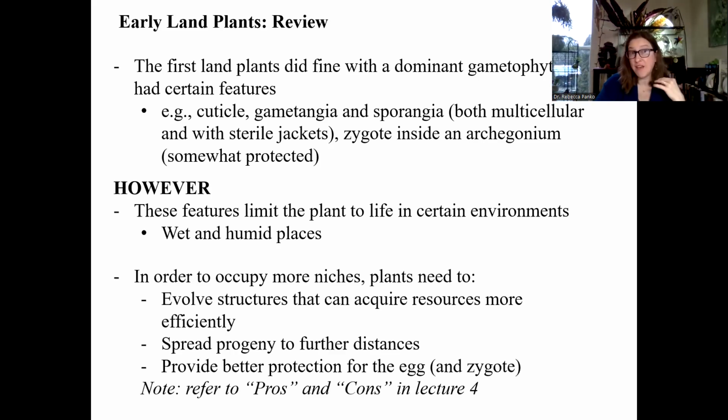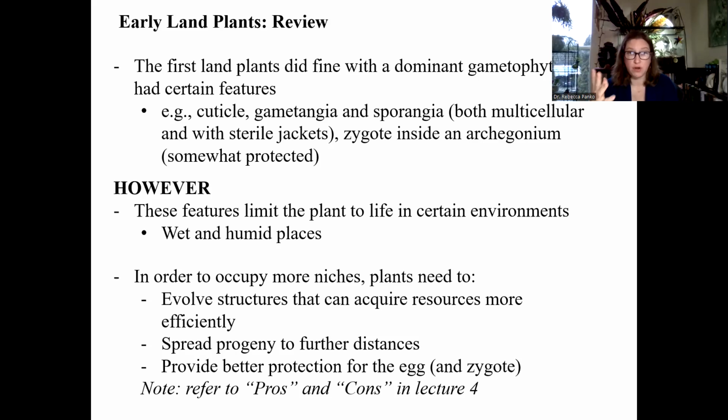So if plants are going to go into all of these different niches that are available on land, they have to evolve more complex structures. So they have to evolve structures that can acquire resources more efficiently, aka vascular tissue, also roots, stems, leaves.